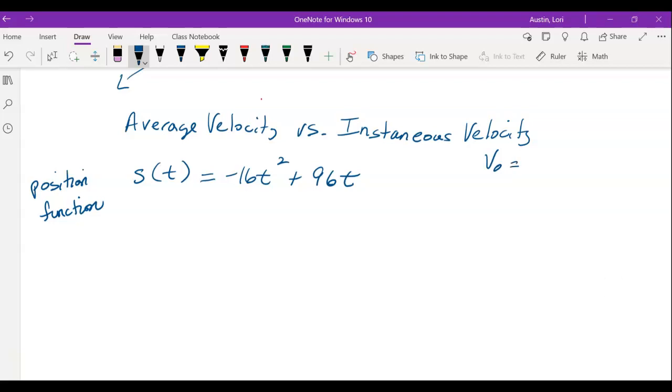If our initial velocity is 96 feet per second, that's where that piece comes from, 96 feet per second. So what gets taken into consideration? The initial force put on it, the gravity that's acting on it. What else would be taken into consideration? We talked initial force, talked gravity. What do you think else matters?